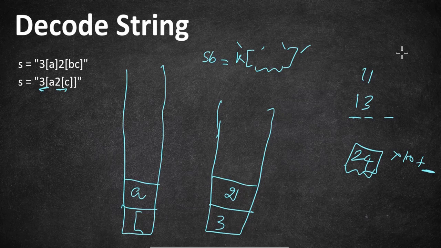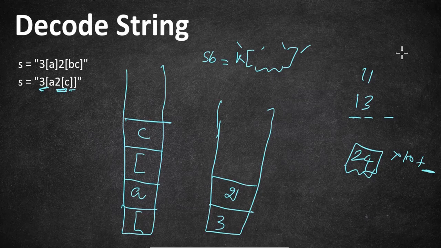The next character is again an open braces, so let me put an open braces here, and the next character is C. I'm going to put C here, and there comes our next close braces. This is the first close braces we encounter, which means there exists a string that is yet to be decoded. We are going to pop the characters from the top of the stack and decode them till we get the open bracket, because that is the most recent open bracket.